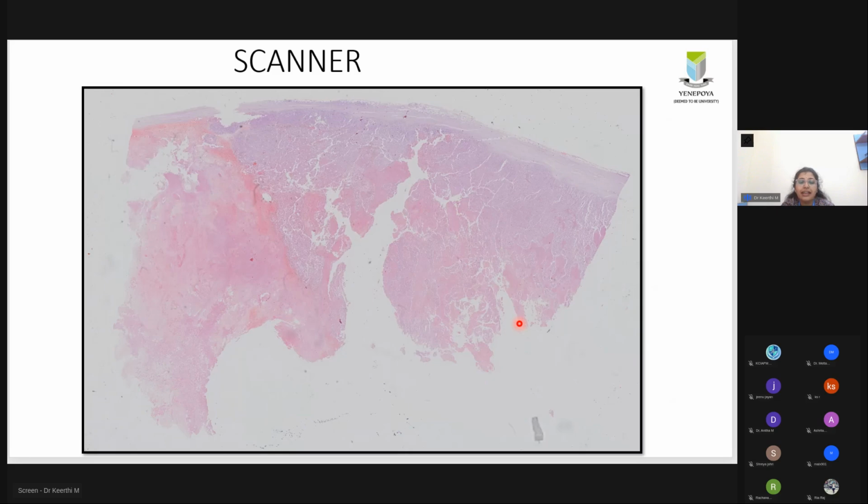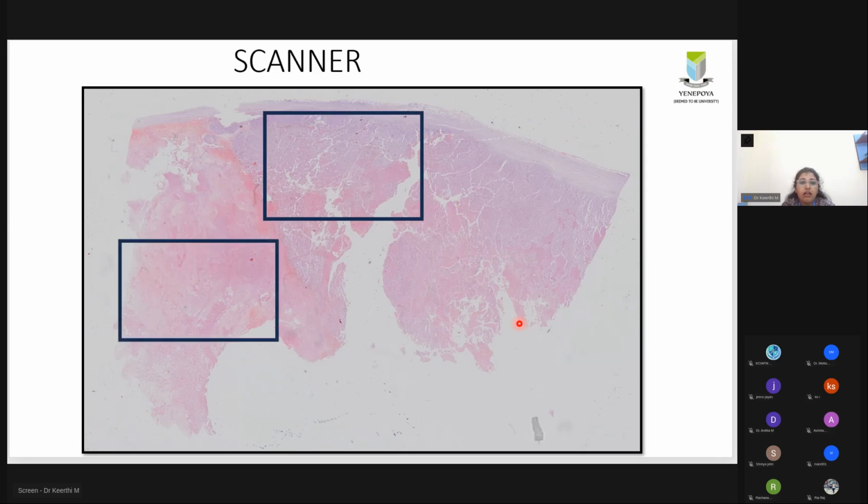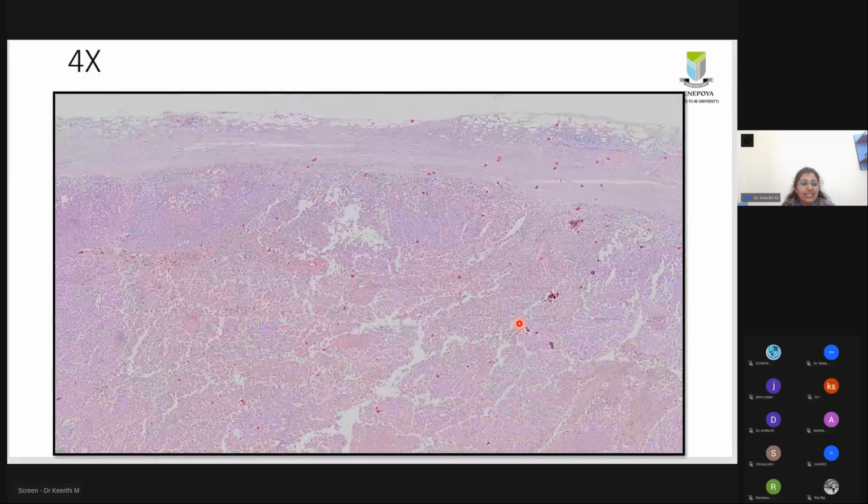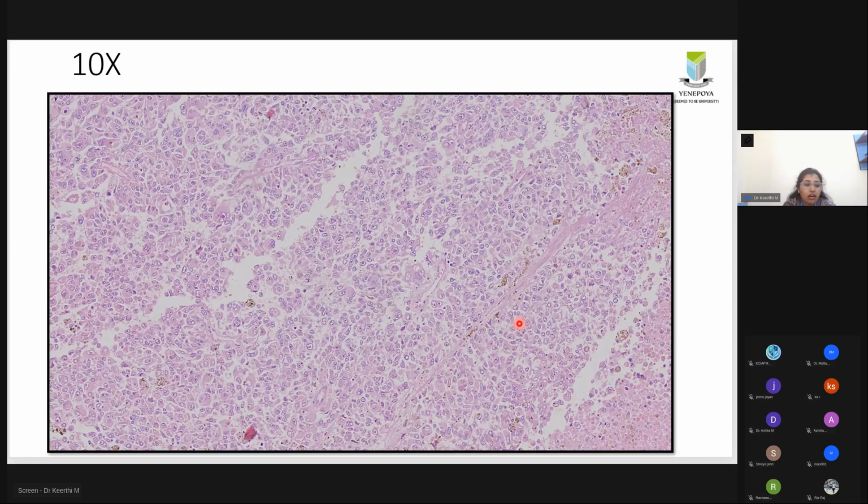In the second slide, in the scanner view, you can see a viable area as well as a necrotic area. In the viable area, in 4x, you can see cells arranged in diffuse solid sheets. In low power, these cells are round to polygonal, a few are epithelioid, which exhibit moderate to marked anisonucleosis.